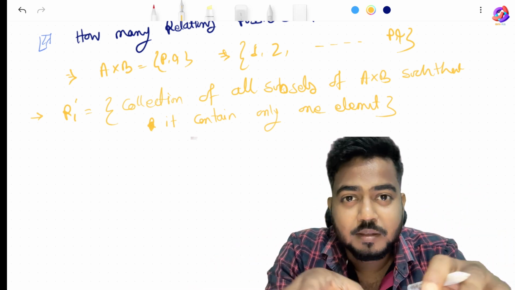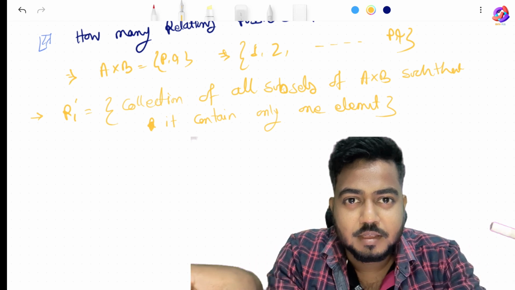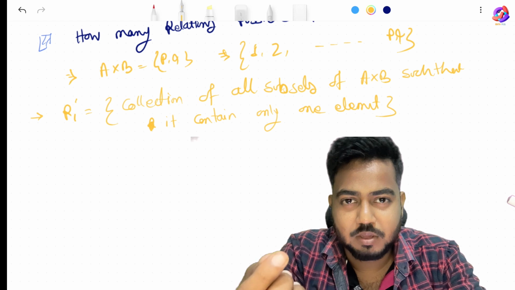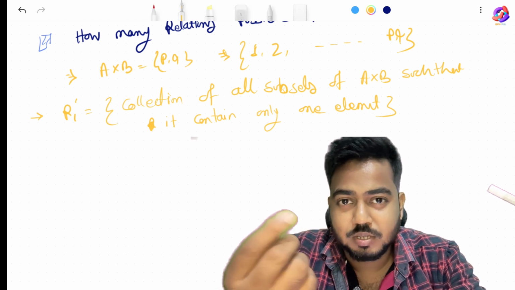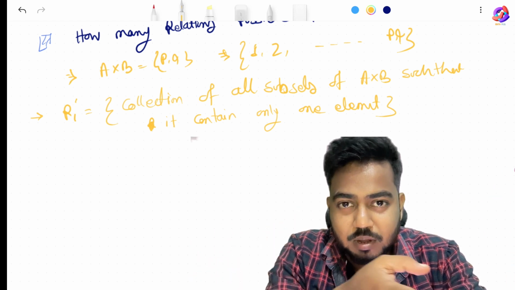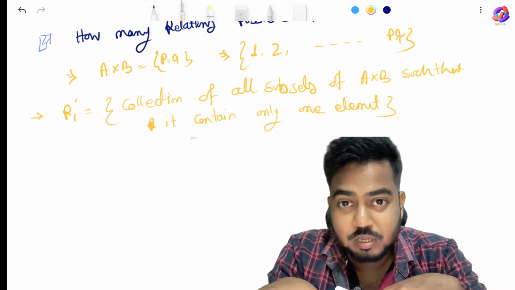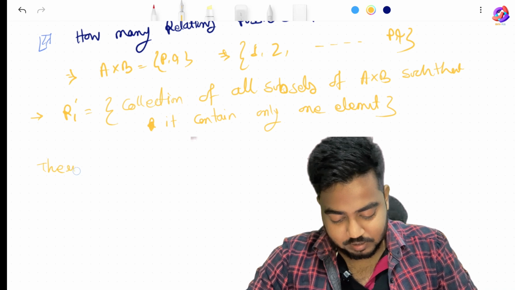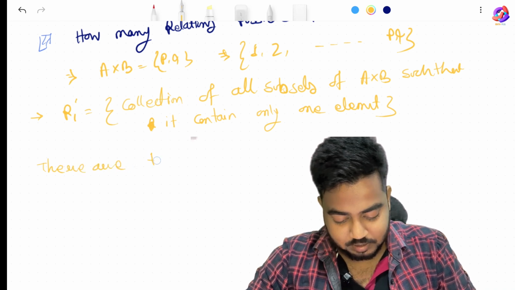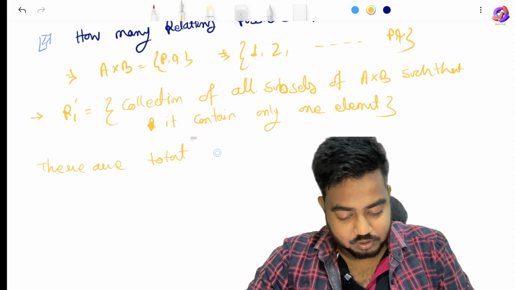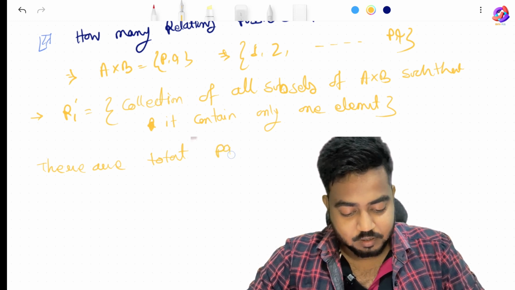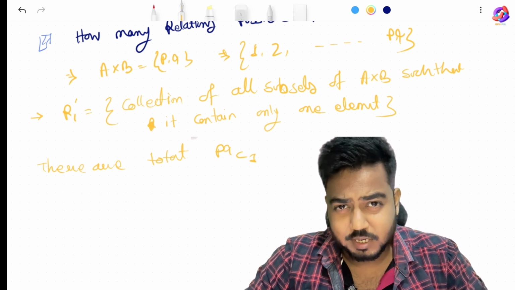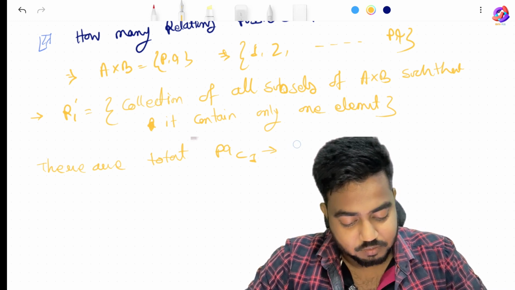There will be P times Q number of elements in a set and we want to pick one of them. So how many choices are there? There are PQ elements and we need to choose one element. So there are total PQC1 sets, where C is a combination.